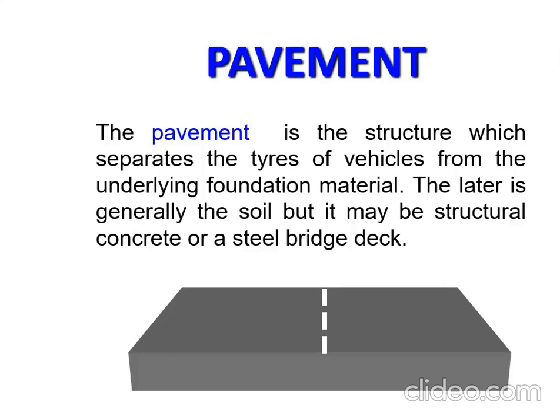Sometimes when we do all this, we find the soil is very soft. And when the soil is soft, you cannot construct a pavement directly on it. In that case, what we do is improve the strength of that soil. This can be done in many ways.